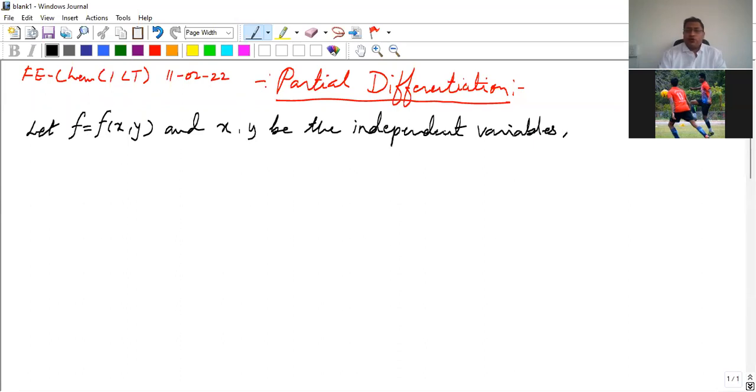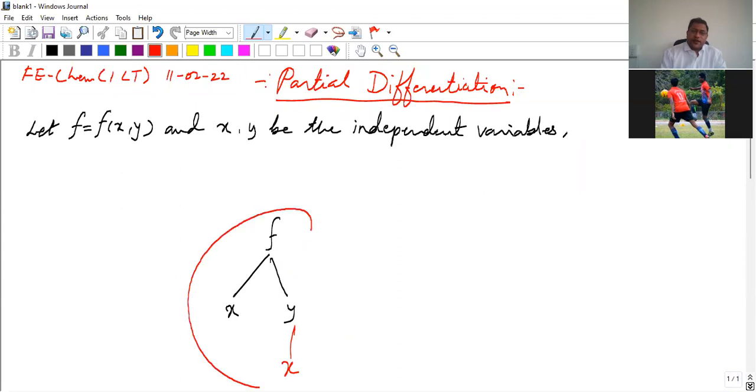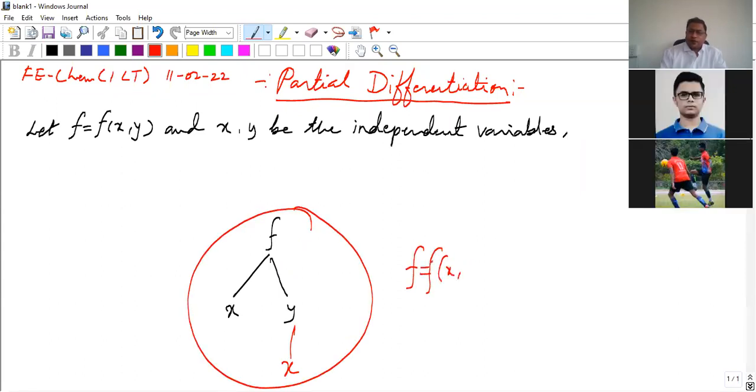And now we want to find the derivative. You can see f has two parts, x and y. X and y are not related. If it happens that y is a function of x, then f becomes f of x, g of x, so ultimately it becomes only a function of x.